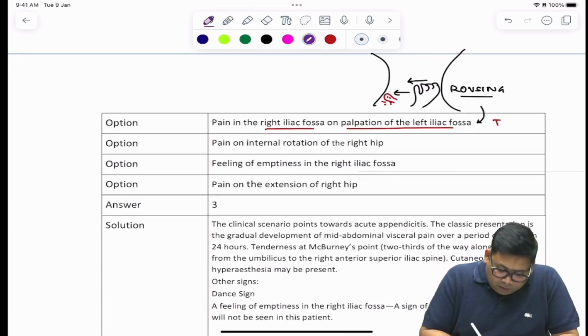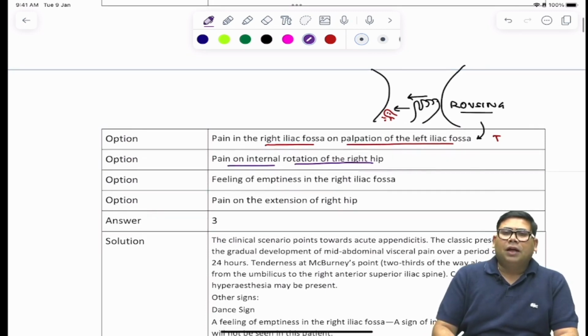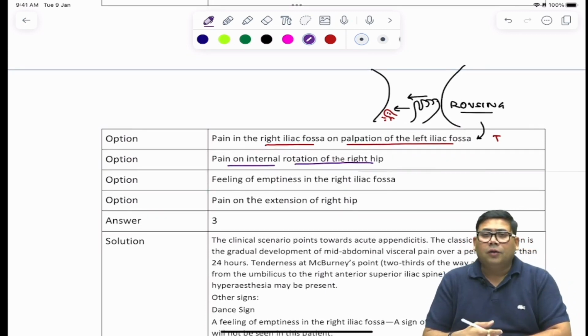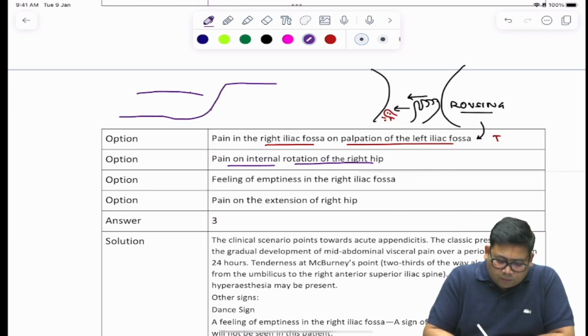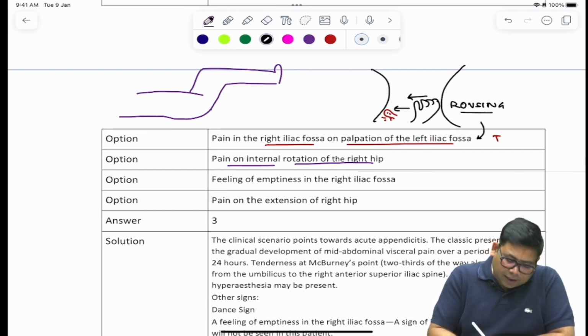Now pain on internal rotation of the right hip. What is this? We have two signs, the obturator and the iliopsoas, or you can say the psoas sign. So when we talk about the obturator sign, what is the classical concept of the obturator sign? Let us try to understand. At the level of knee, there is flexion and external rotation.